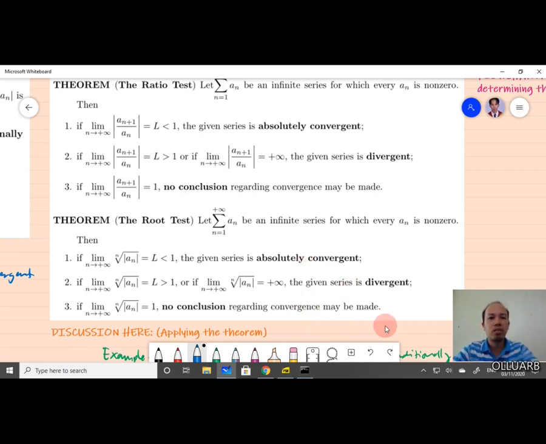So as you can see here in the definition, we have to let a sub n and then show that it is non-zero for all n, and then after that get the limit.